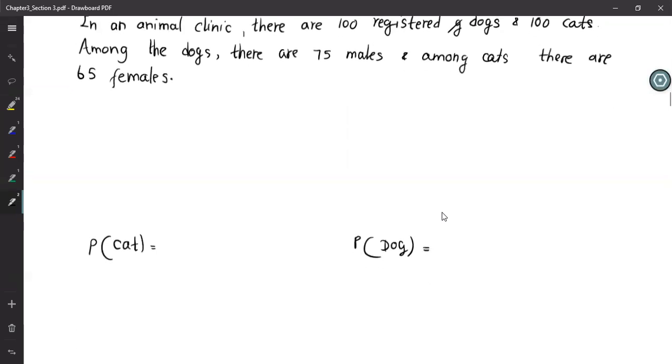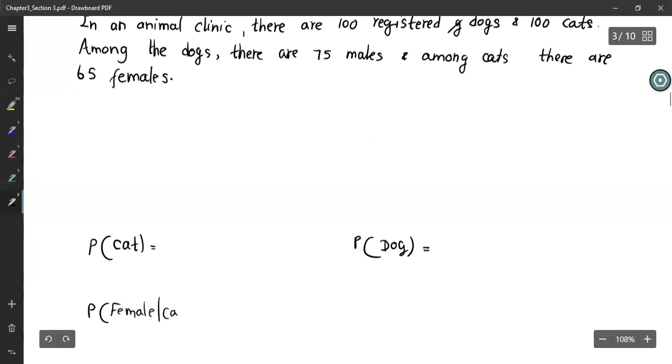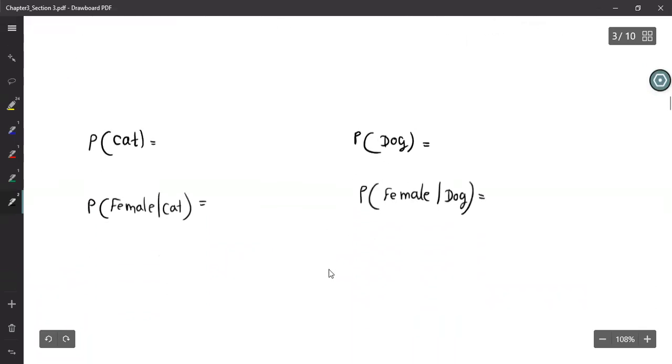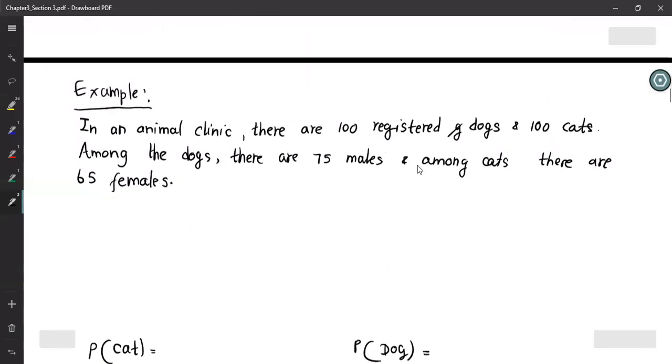Next, I need the conditional probability of female given cat, and female given dog, and also cat given male. Can you try this one?